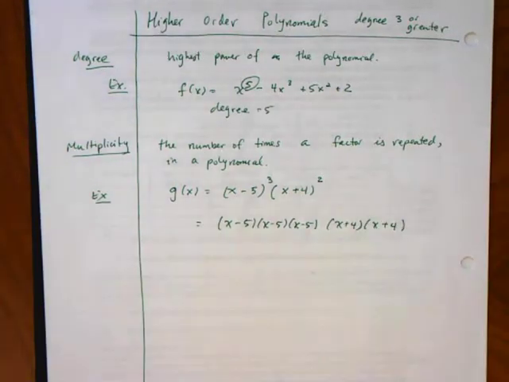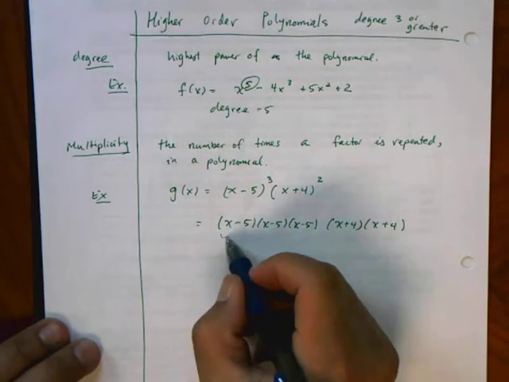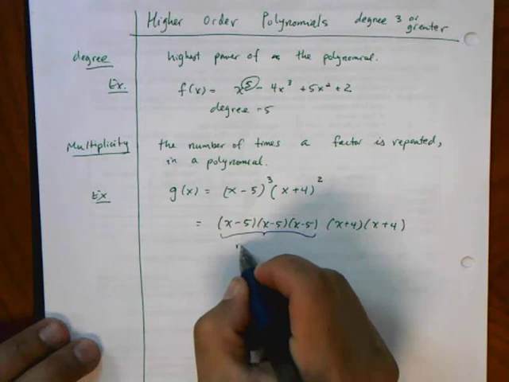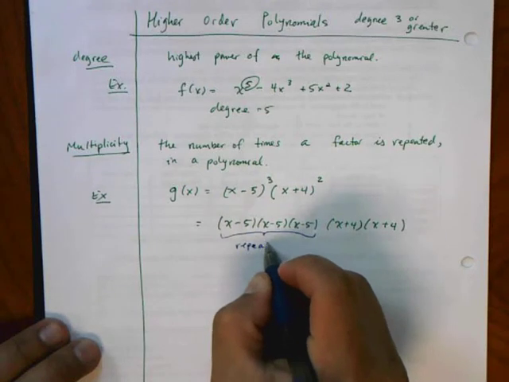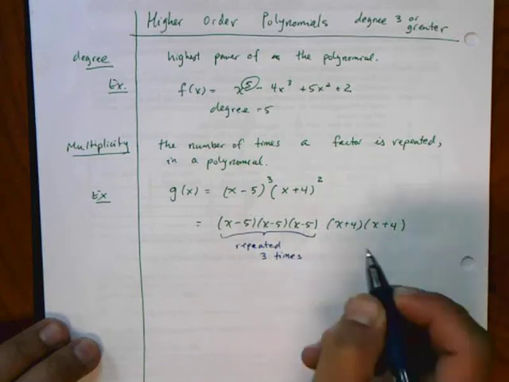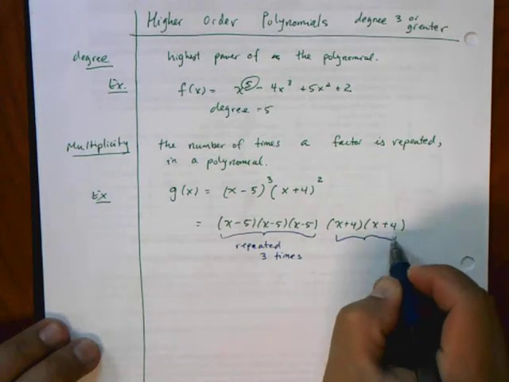Okay. So the first group here of x minus 5, these are all factors of the polynomial, and it's repeated 3 times. And this here is repeated twice.